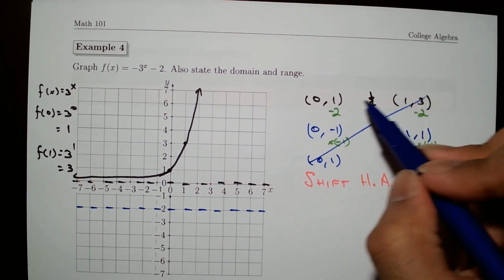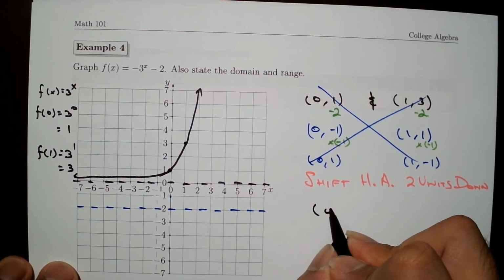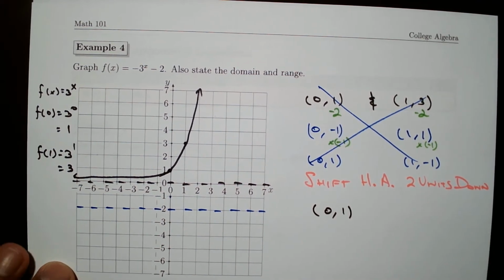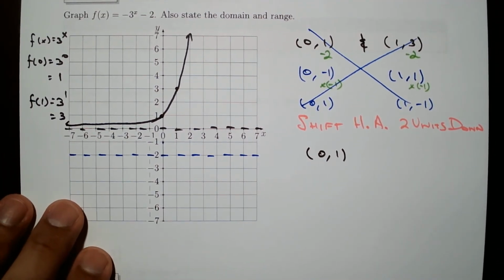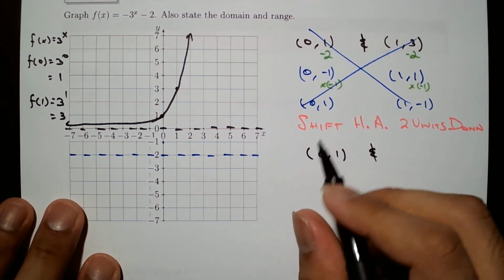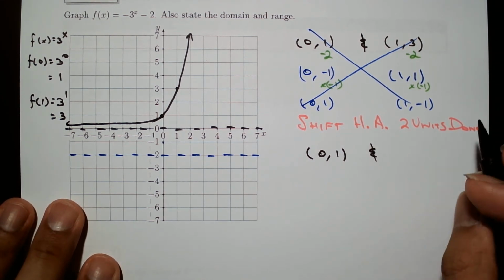So let's erase this and start over, because otherwise I'm not going to get the right answer. That's one of the mistakes that you don't want to make when graphing reflections and shifting. So in this case, we're going to do the reflection first, and then the shifting down.